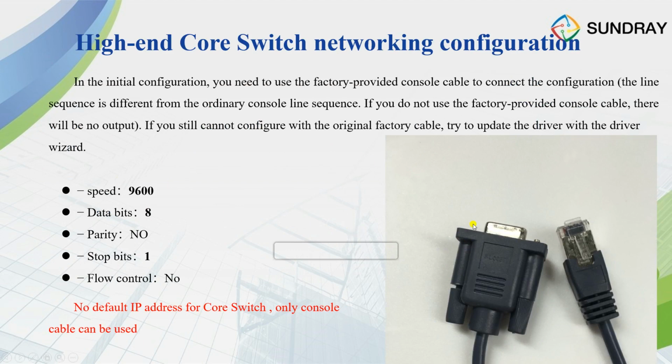This console cable is from Sundray, and because the light sequence is different from Cisco and other vendors, you need to have this console cable from Sundray. Actually, this console cable comes with the devices, so you don't need to purchase it from somewhere. Just check the box of our devices. It has this cable inside.